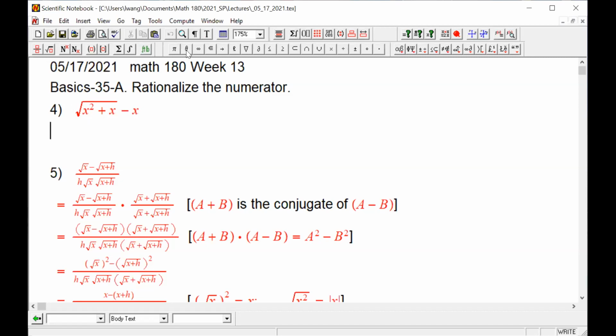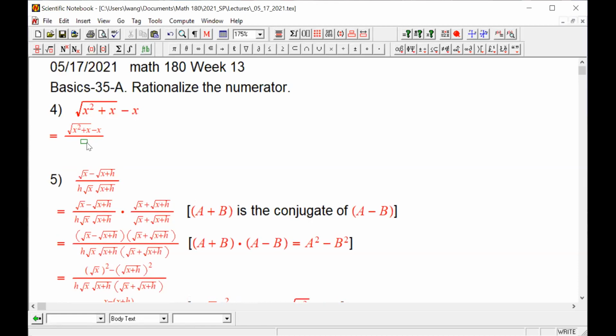Now, to rationalize it, of course, you're going to view this as a fraction over 1, and you're going to multiply the conjugate of the numerator over the conjugate of the numerator, right? You're going to multiply by 1.